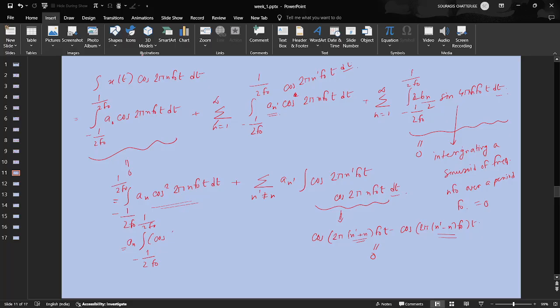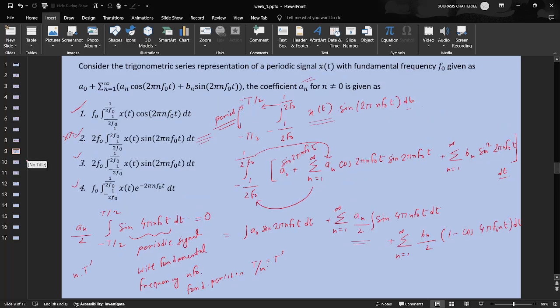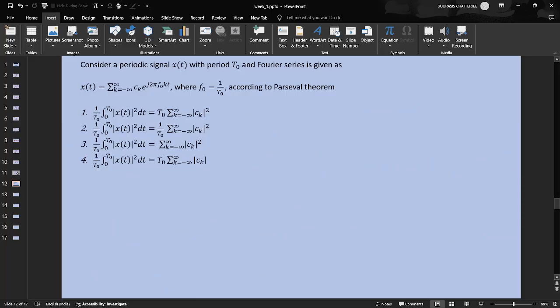We have cos of 4 pi n f naught t minus 1 over 2 dt. And there is this f naught constant part out there.